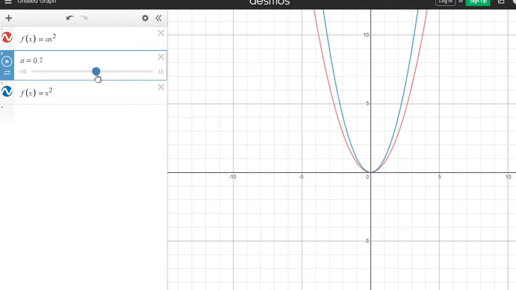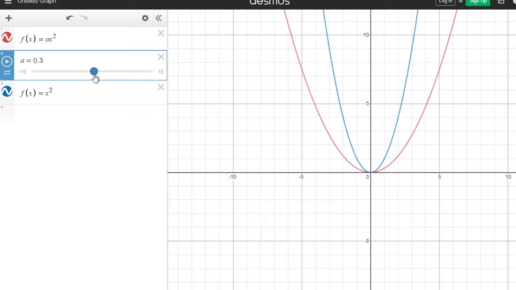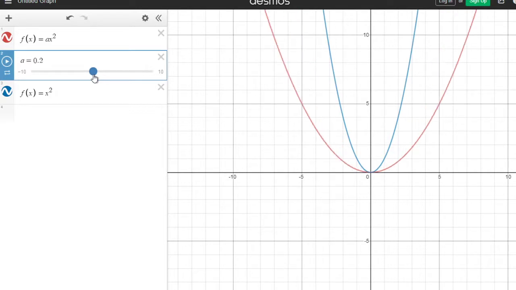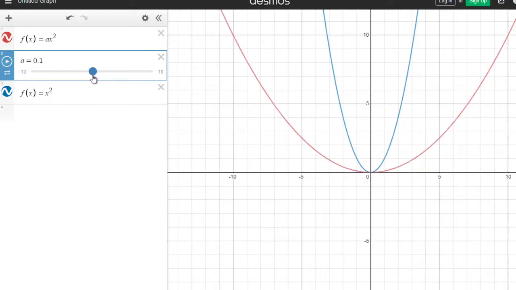See, so as I'm using the little slider, do you see how the red one is getting wider and wider and wider and wider? And then what happened? It went away. Do you see how it stopped being a parabola? That's because when a is 0, you no longer have an x squared term. And that squared term is what makes your parabola.